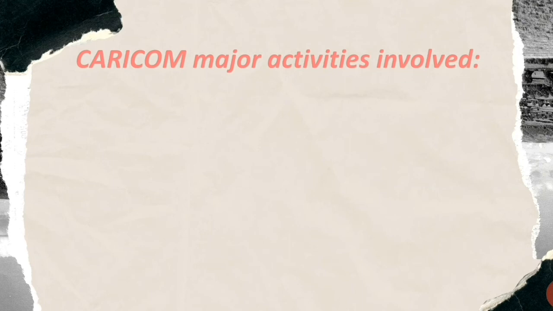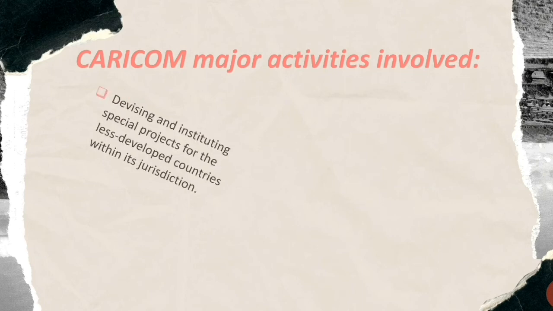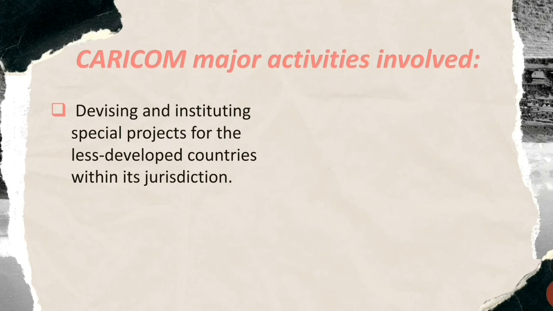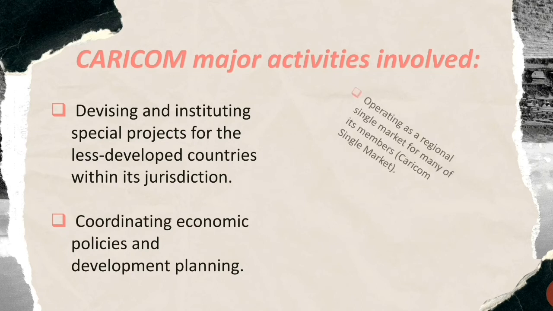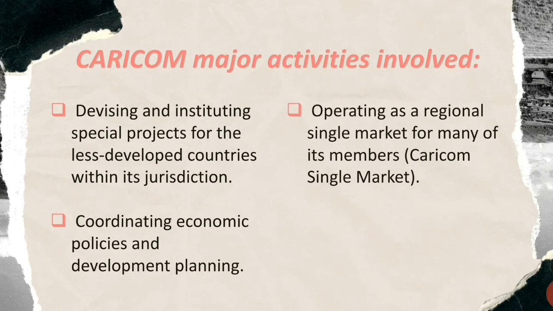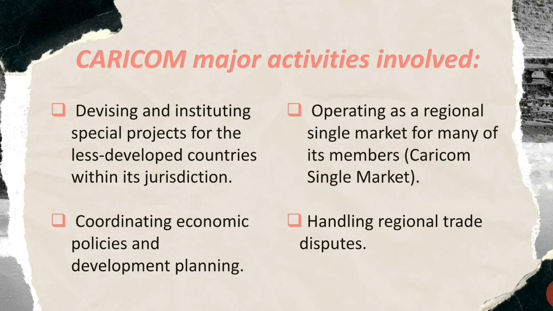The CARICOM major activities involve devising and instituting special projects for the less developed countries within its jurisdiction, coordinating economic policies and development planning, operating as a regional single market for many of its members, and handling regional trade disputes.